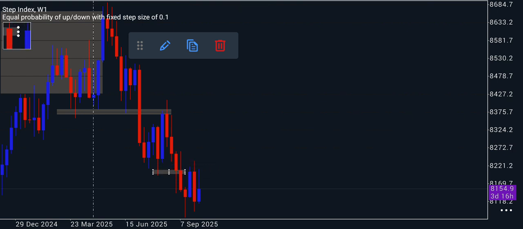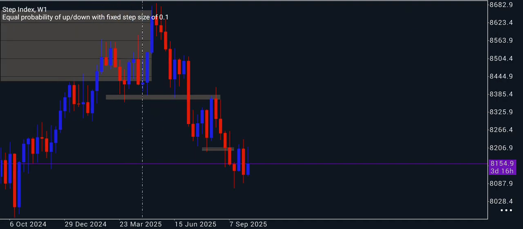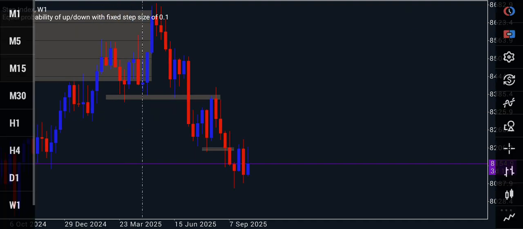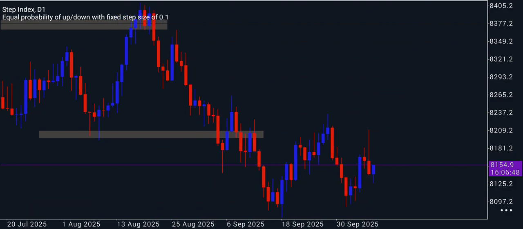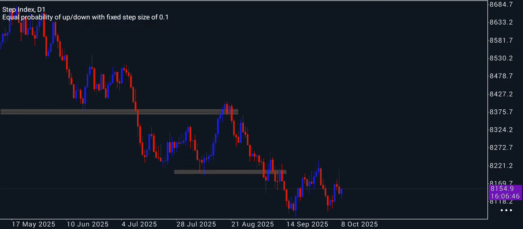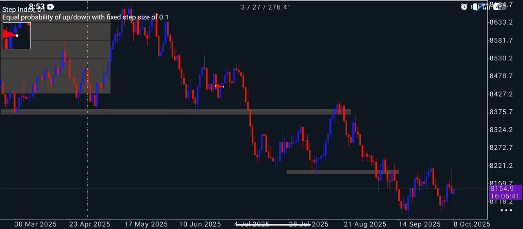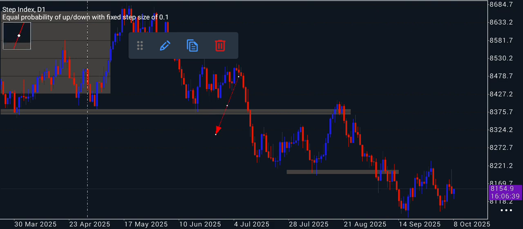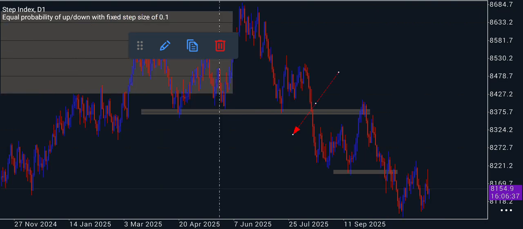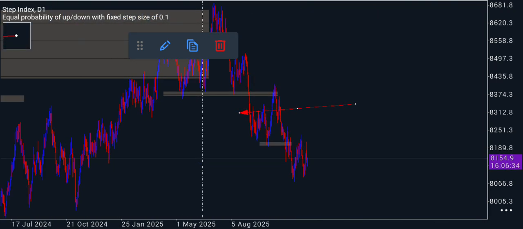Looking at it, go to the daily time frame, then we can see it clearer. You can see we break this zone, we break this low, we retrace to test the zone, we come back, we break this low, and market has come back to test this zone again.